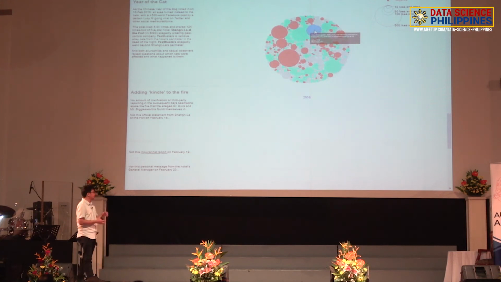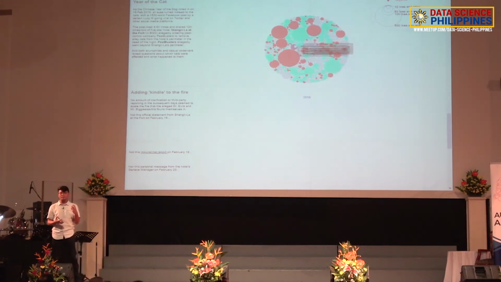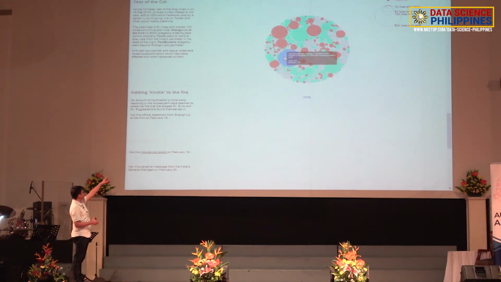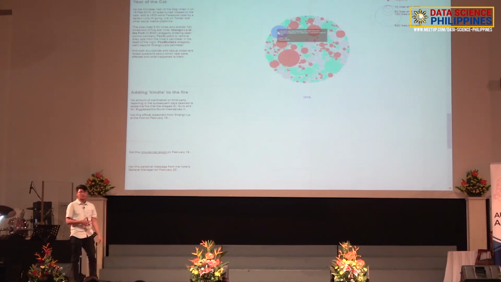So notice how big the packed bubble chart is. Notice how many red negative tweets there were. One of them was actually, can you highlight the big red one? The other one, I think it's that. Okay, so the Twitter doesn't work. There it is.